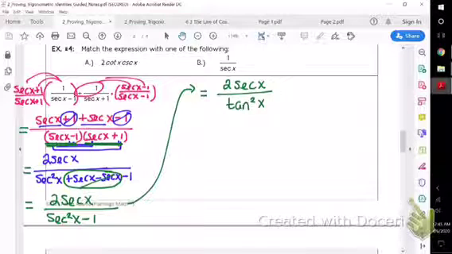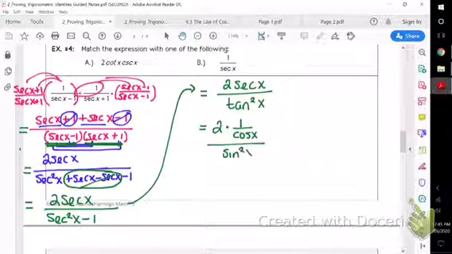Now, how am I going to get to the other side here? Well, let's see. What do we know about... Remember, if all else fails, change everything to sine and cosine. Okay, so let's try that. So I have 2 times secant, which is 1 over cosine, over tangent squared, which is sine squared over cosine squared.